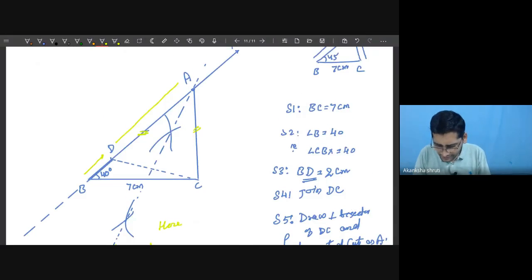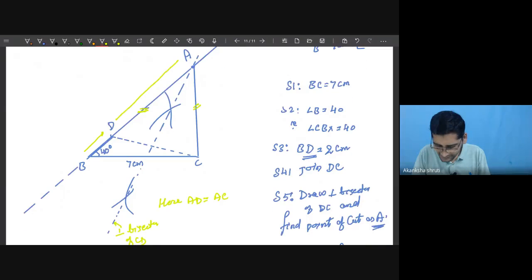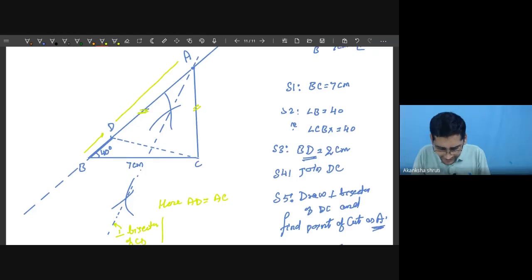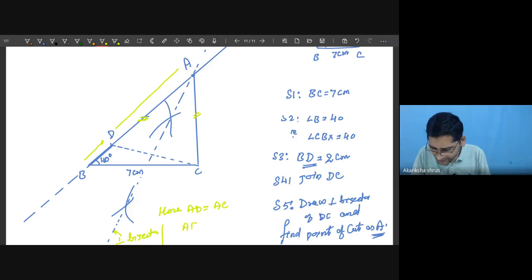Therefore, while it is the perpendicular bisector of CD, AD equals AC. It simply means that. Therefore, here we can write AB minus AD.